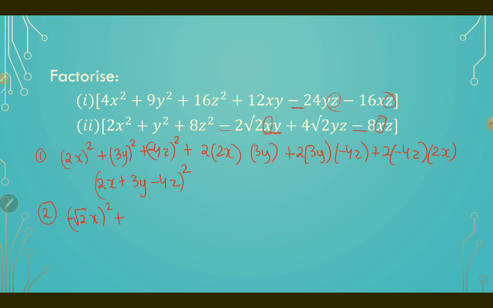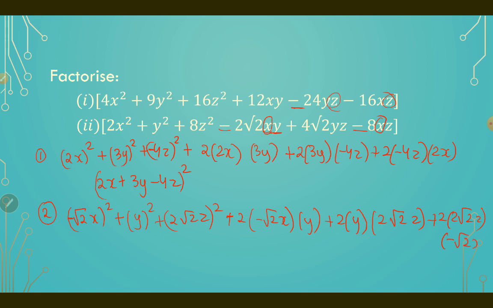So x is negative, so it's minus root 2x the whole square, y the whole square plus 2 root 2 z the whole square, plus 2 into minus root 2x into y plus 2 into y into 2 root 2 z plus 2 into 2 root 2 z into minus root 2x.